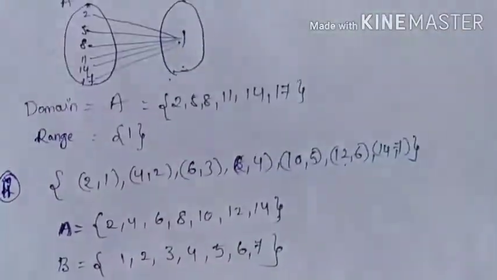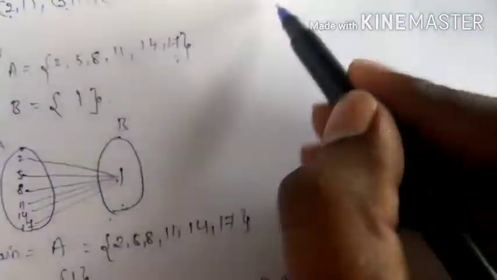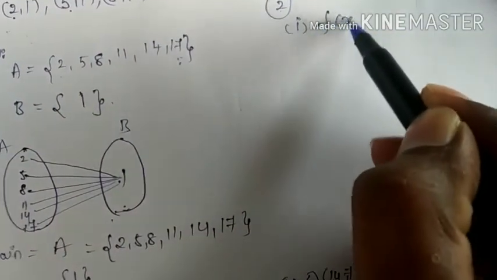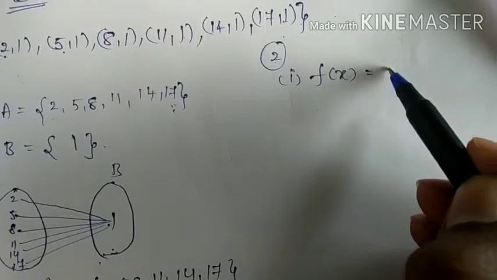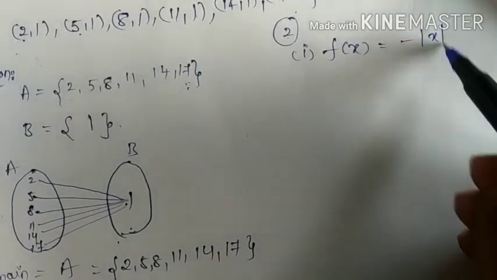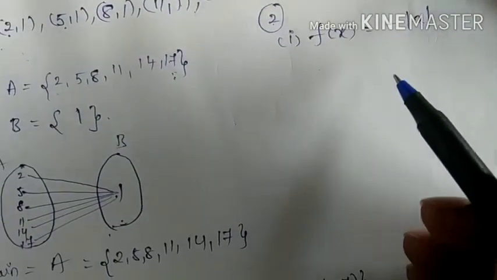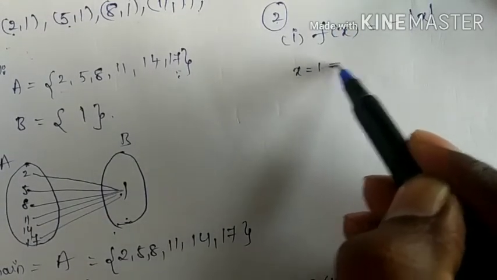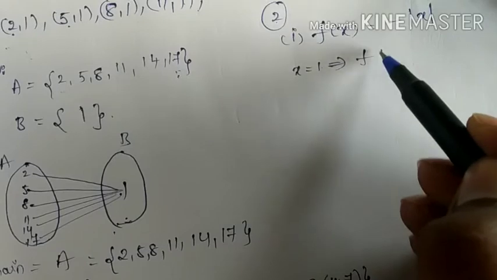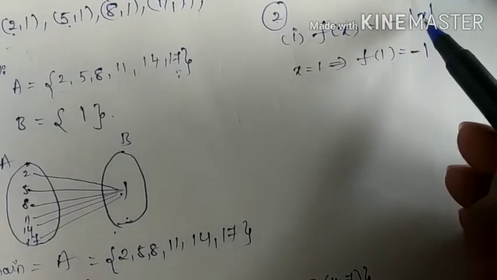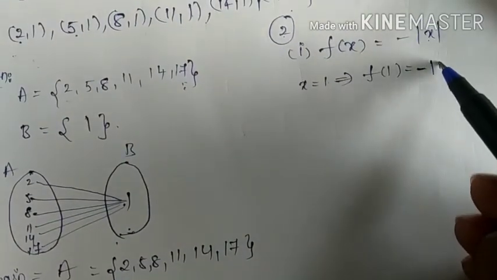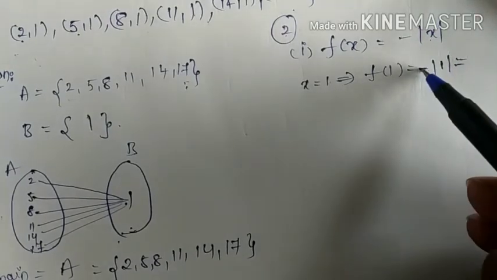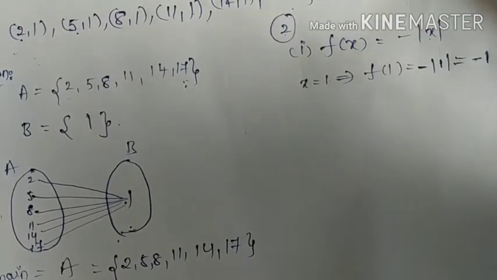Now let's see the first one: f of x equals minus modulus of x. First, if I consider x equals 1, then f of 1 equals minus modulus of 1. Modulus of 1 is 1, and since the minus is there, it is minus 1.